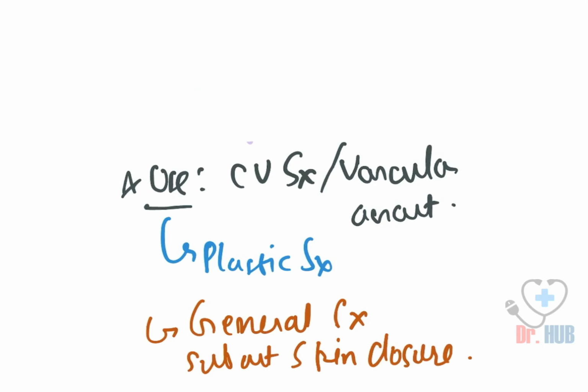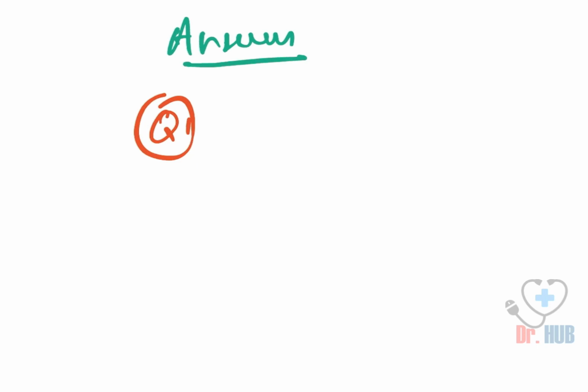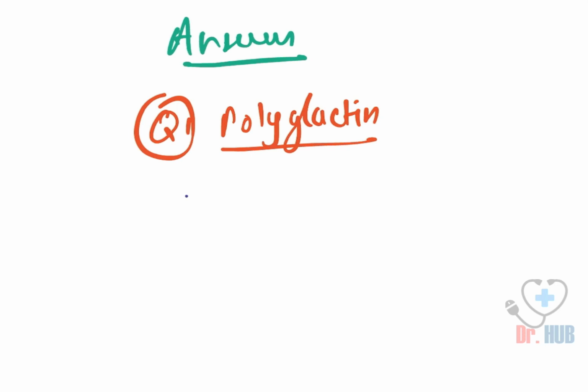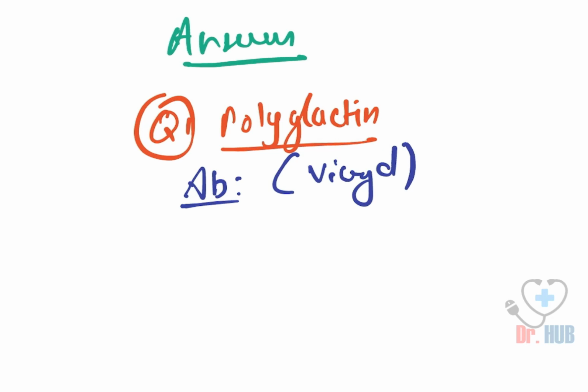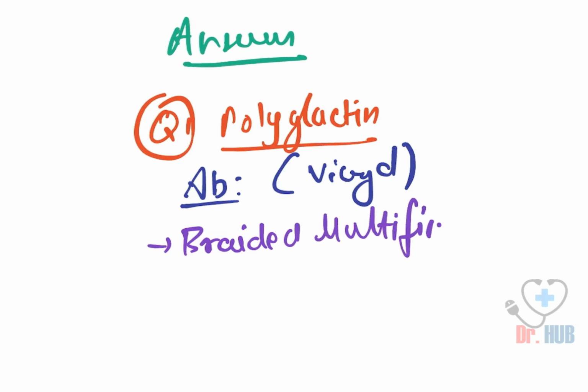So now we will go back to answering our questions. The first question we asked was, what is polyglactin? Polyglactin is an absorbable suture material. Polyglactin is commonly Vicryl, and it is a braided multifilament.